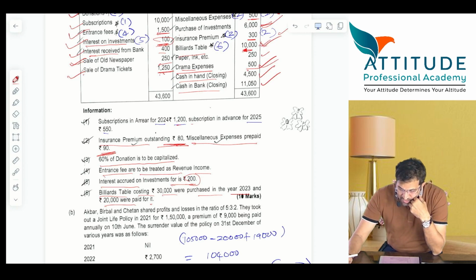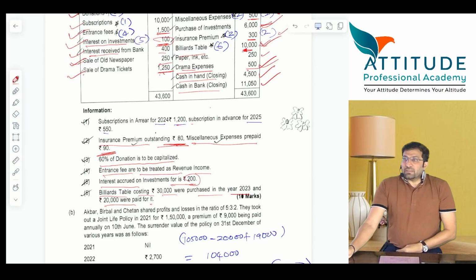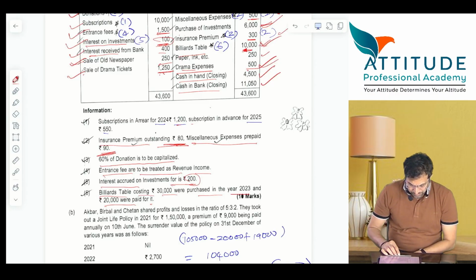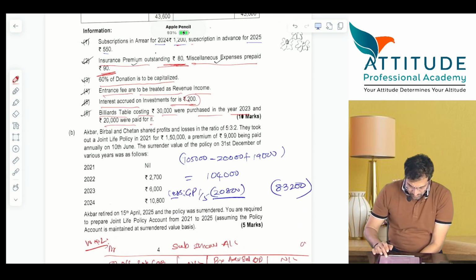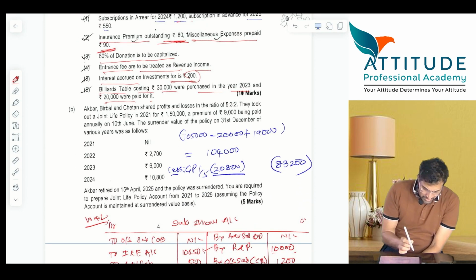Plus insurance outstanding plus subscription 550, 60,040, 600,440 minus furniture 7,000, investment 6,000, billiards table 30,000, cash in hand, cash at bank 20,200. Clear? Done. B. आ जाओ next.